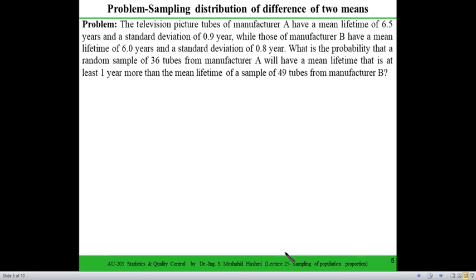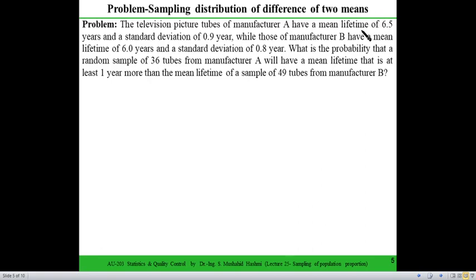Okay, now let's see how we can solve such a problem. We are dealing with the difference of the mean values. For example, the television picture tubes of manufacturer A have a mean life of 6.5 years and a standard deviation of 0.9 years, while those of manufacturer B have a mean life of 6 years and a standard deviation of 0.8 years. So which manufacturer are you going to buy from, A or B?